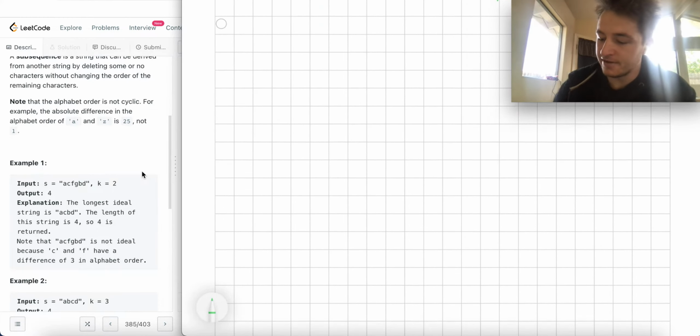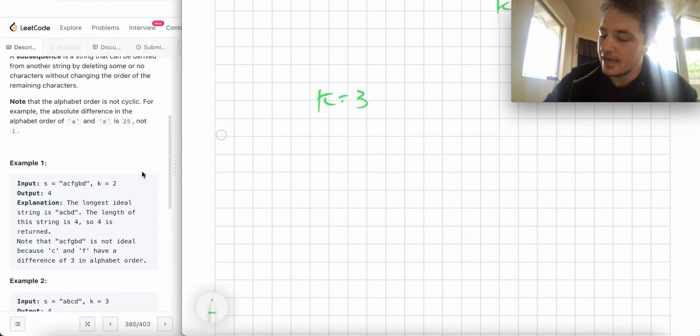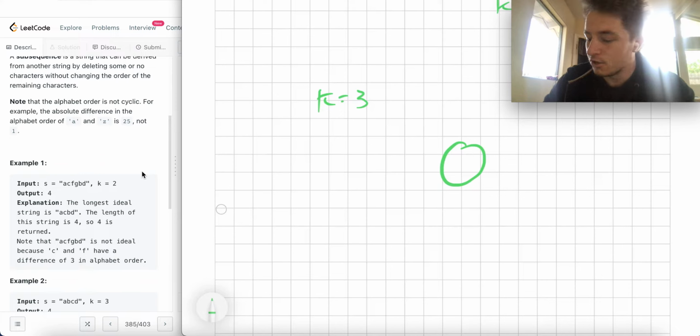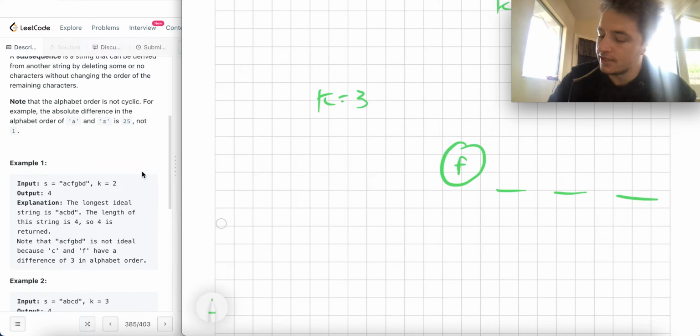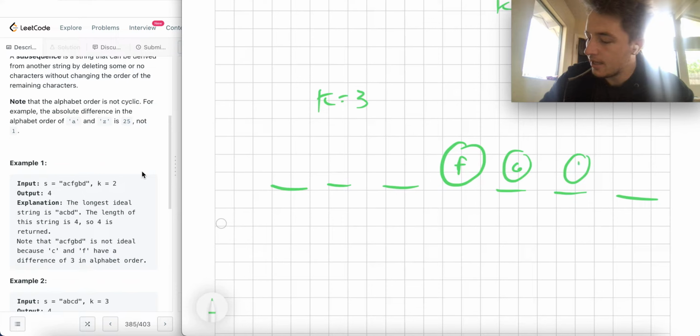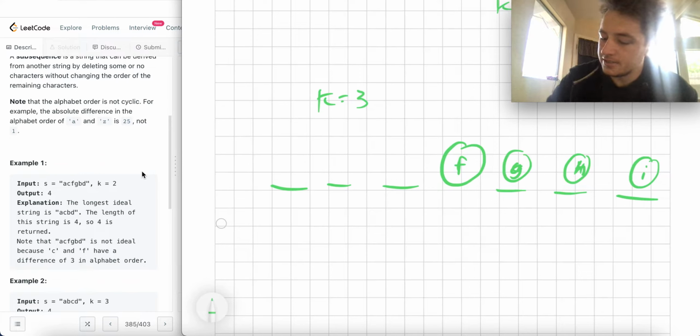Again, if K was equal to 3 and I gave you the letter lowercase f, that means the only letters it can be attached to are C, D, E, G, H, and I. I don't know why I keep doing uppercase.